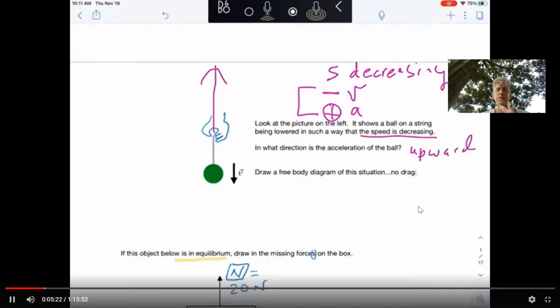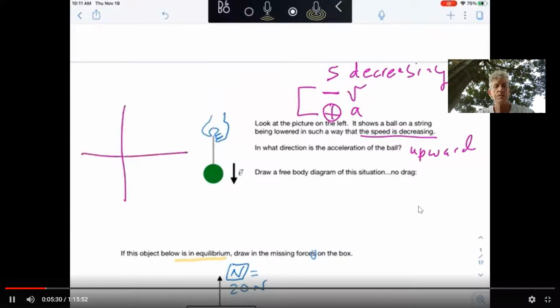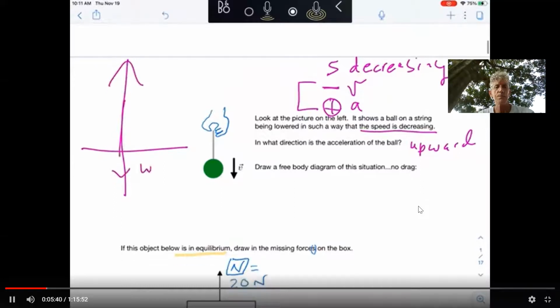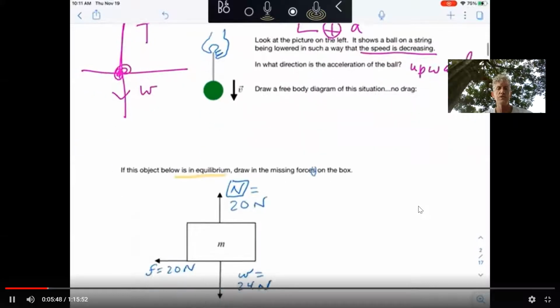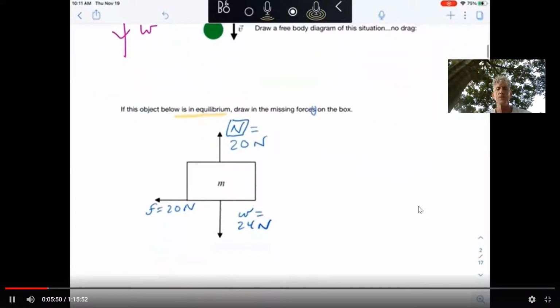So we're drawing a free body diagram here. I put the ball at the origin of the XY axis. Okay, I'm showing the tension in the string, the upward force, being greater than the weight because the acceleration is the direction of the net force.